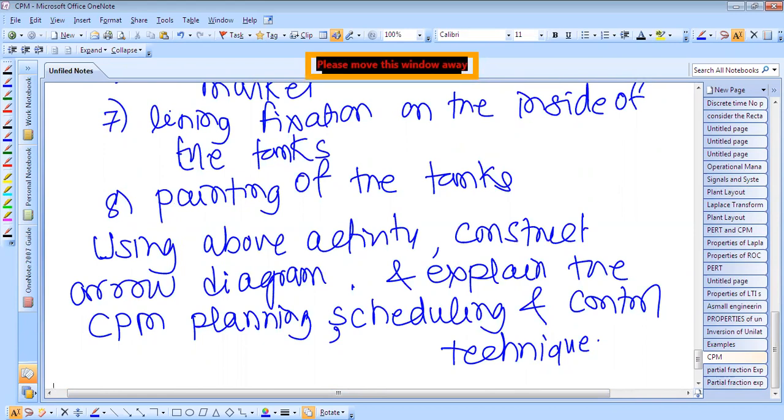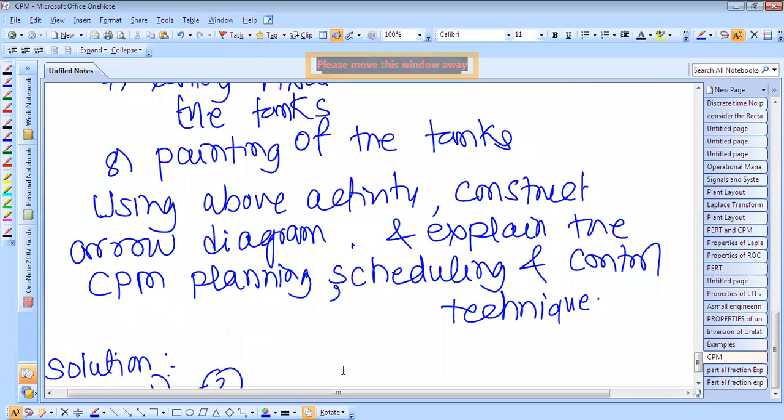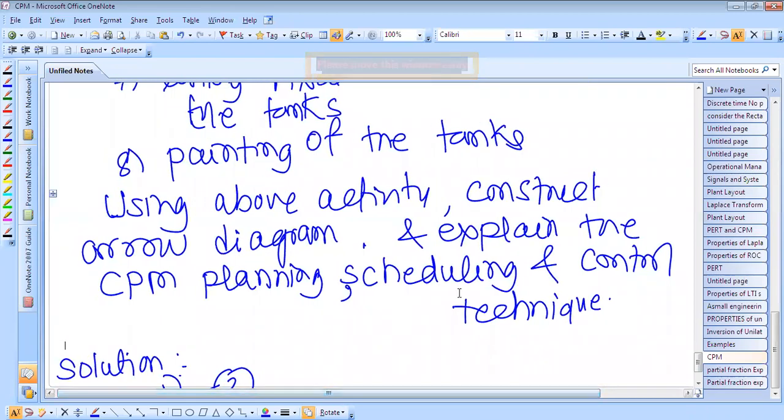CPM terminology employs words like arrow diagram, whereas PERT uses the word network diagram. So here it is an arrow diagram, and we have to construct it and explain the CPM planning. CPM is generally used for planning, scheduling, and control of a project, so we have to explain the CPM planning, scheduling and control techniques for this given example.